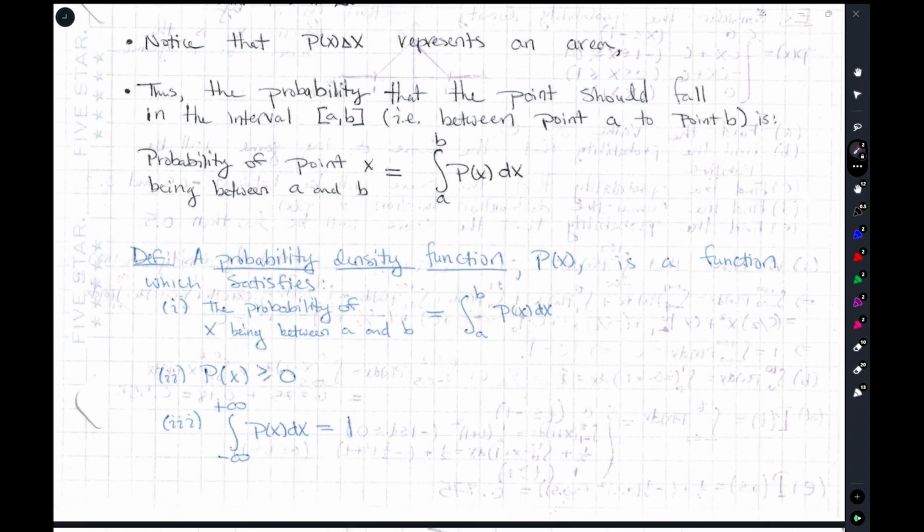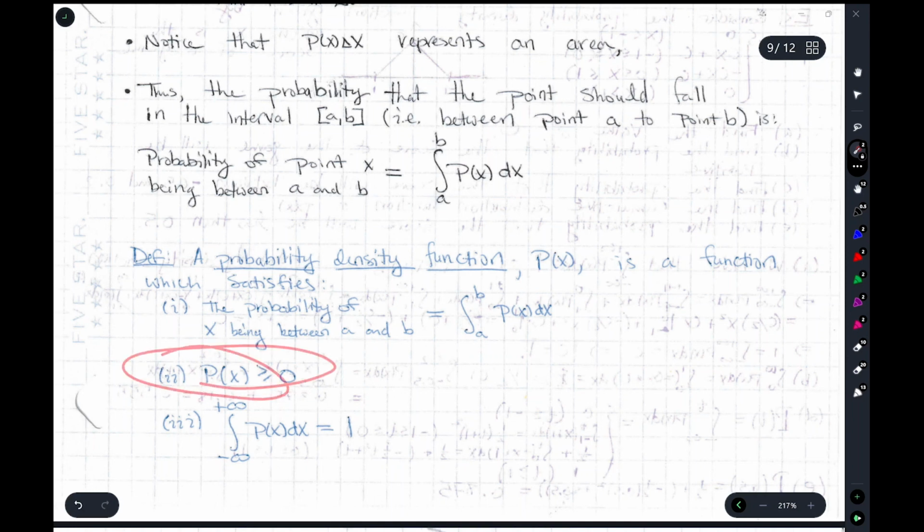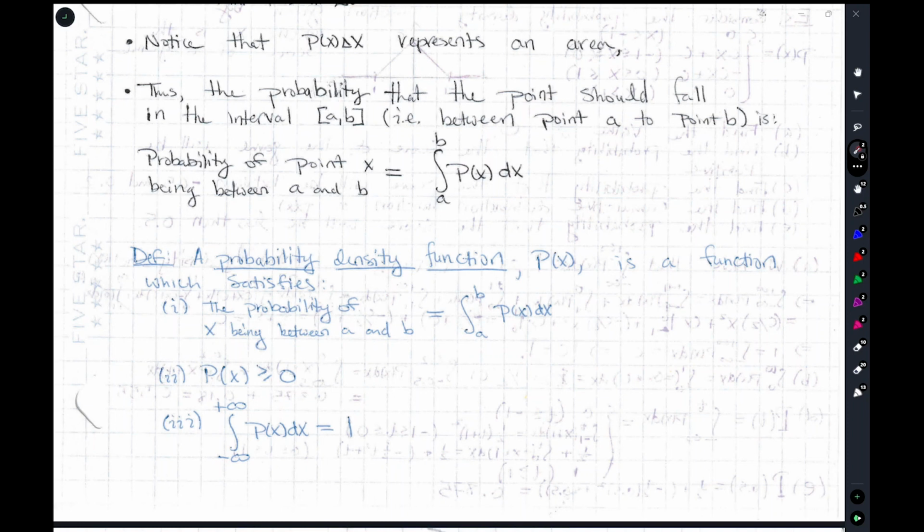More formally, a probability density is one that satisfies the following. One, the probability of x being between a and b is equal to the integral from a to b of p of x dx. Two, the probability density must remain positive. We don't want any negative probabilities, and so we impose that condition.